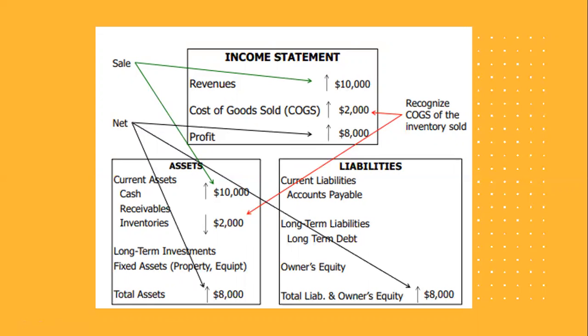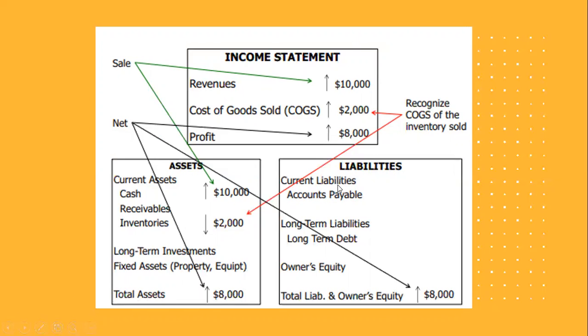This was the expense associated with the sale of the goods, but so, on the other side, the value of the inventories is decreasing on the balance sheet. So net, you do see that there is a profit of 8,000. You see the total assets increased by 8,000.